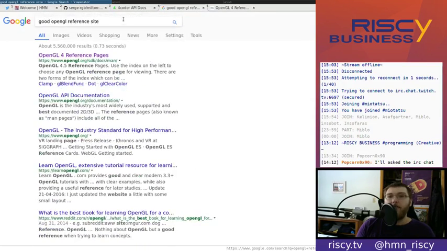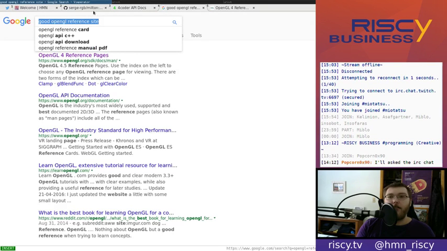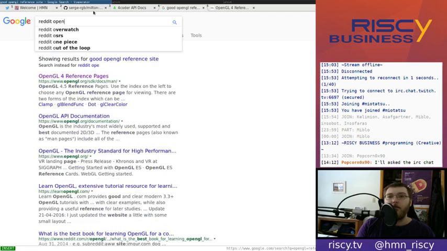Let's check. I think Reddit has like a subreddit on OpenGL. They might have like links to resources. Reddit OpenGL.